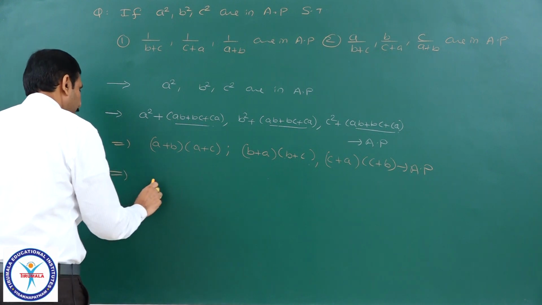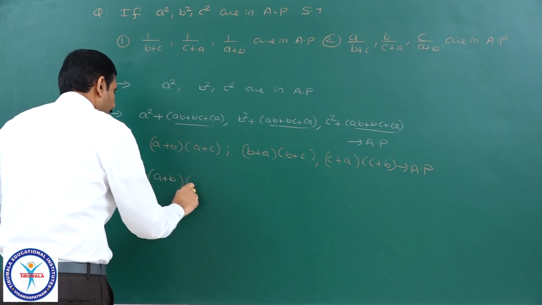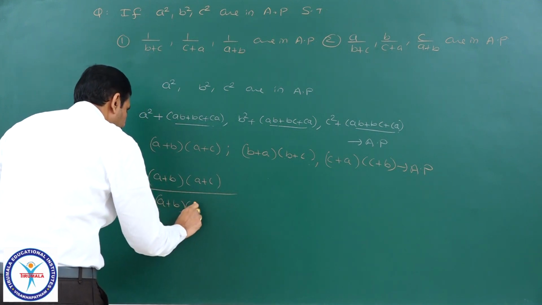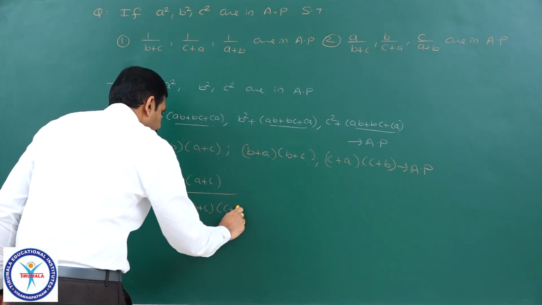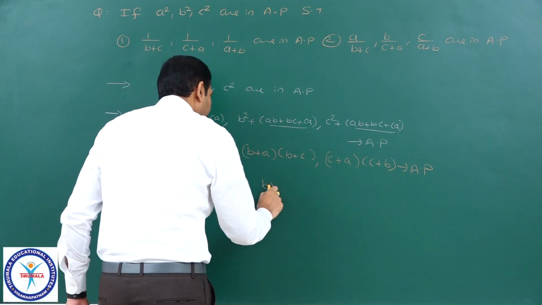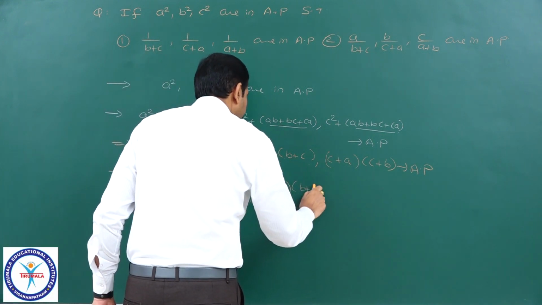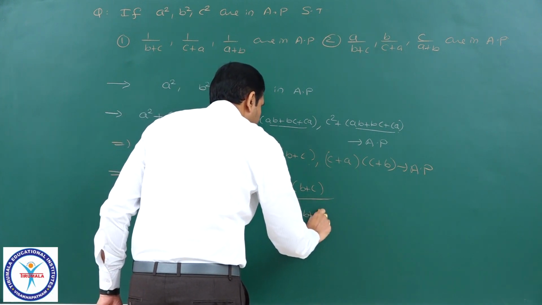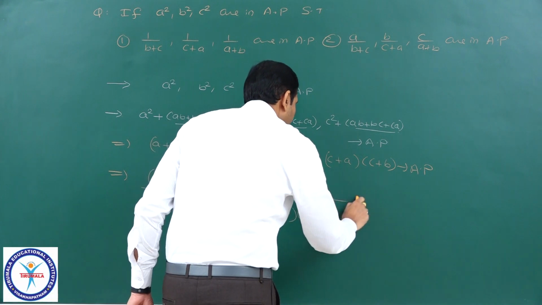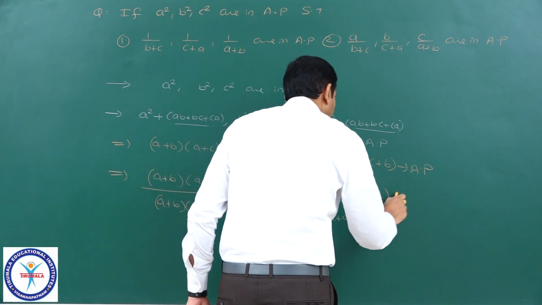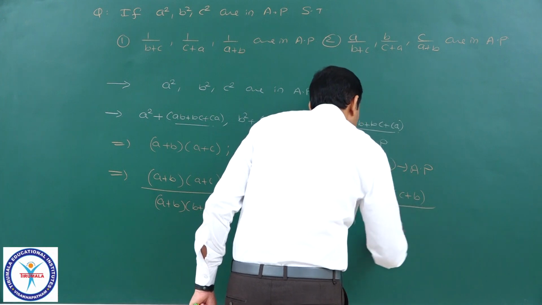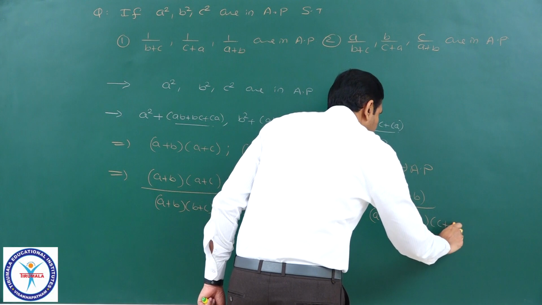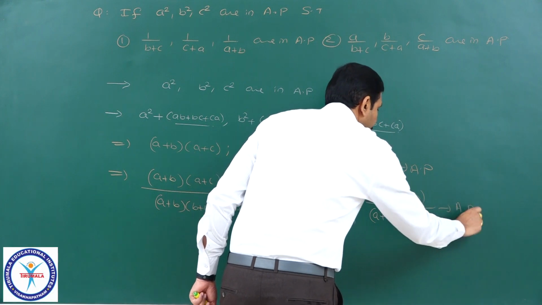By observation only, A plus B into A plus C by A plus B, B plus C, C plus A, comma B plus A into B plus C by A plus B into B plus C into C plus A, comma C plus A into C plus B by A plus B into B plus C into C plus A are also in AP only.